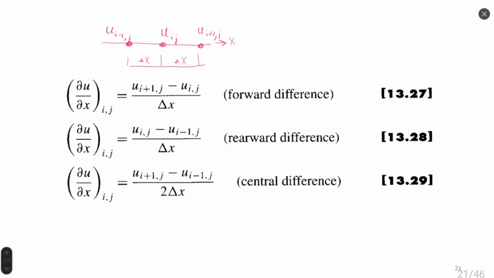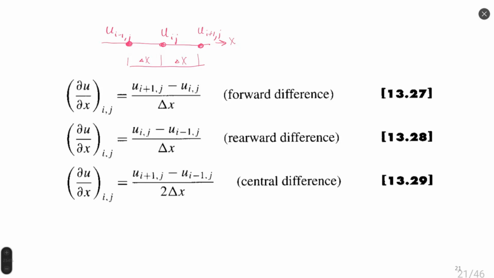As you know, the expressions written on the right part of these equations are simply called approximations of the derivative, the approximation of first order, and this third one, equation 29, is an approximation of second order.